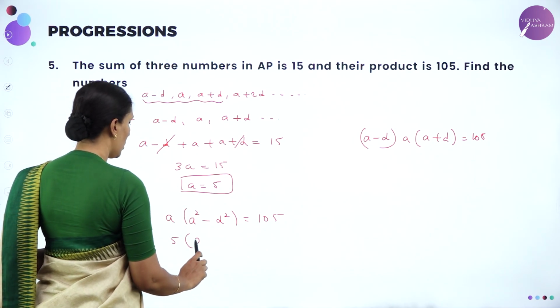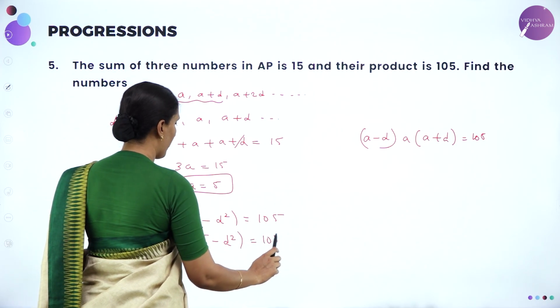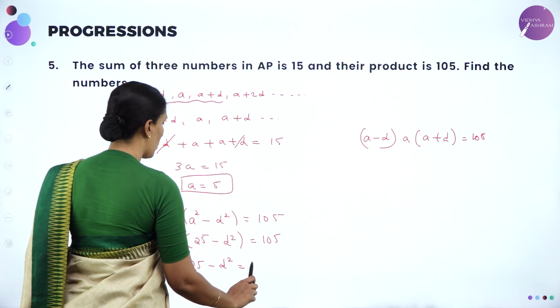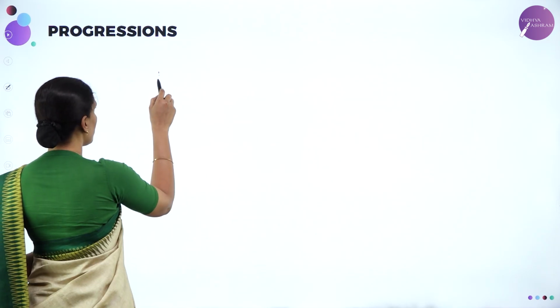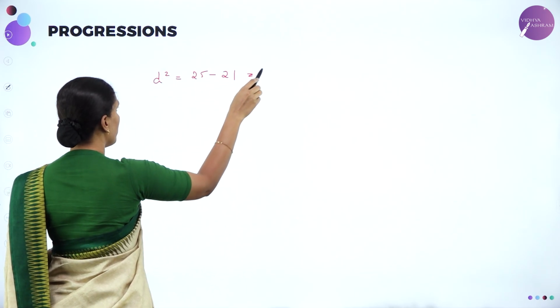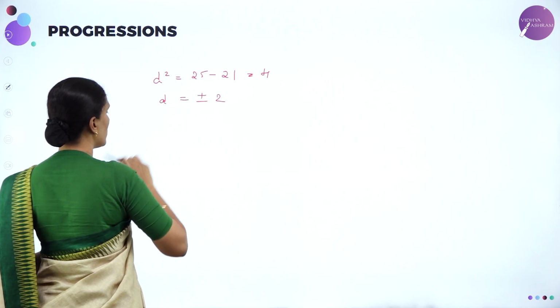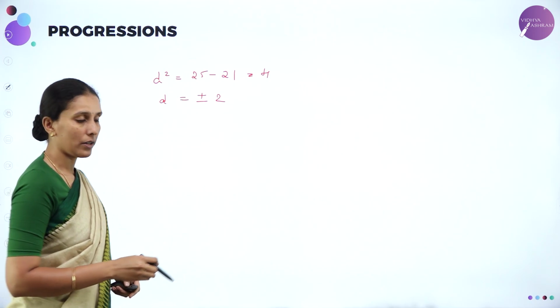So 5 into (25 minus d square) is equal to 105. Now 25 minus d square is equal to 21. So now here we have d square is equal to 25 minus 21, which is equal to 4. So d is equal to plus or minus 2, because it is the square root of 4, it can be plus 2 or minus 2.